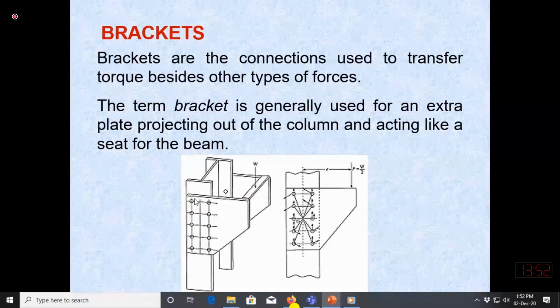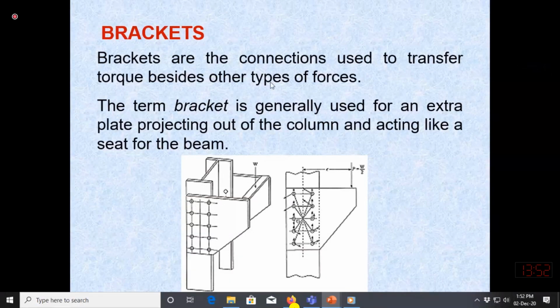So brackets are a special type of connection or device where the connection, welded or fastener type, is designed for torsion and also for shear, because if this force tends to slide this plate with reference to the other, all these connections will be designed for shear along with twisting moment or torsion.